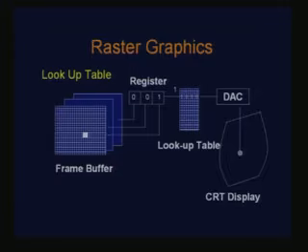So, one way is lookup tables. Have you heard the name lookup tables? Lookup tables are a good way of handling this. Let us say this is the scenario: I have this frame buffer, where I take each of these bits, and I have a register here which is a 3 bit register.